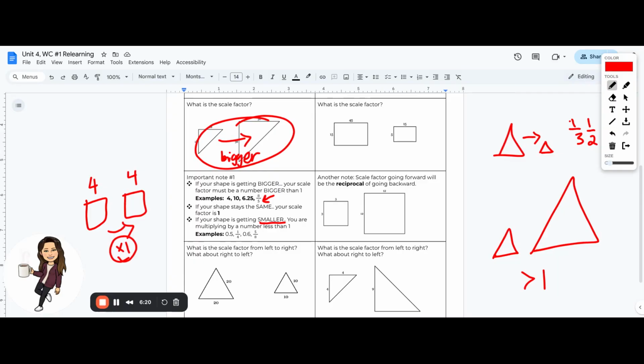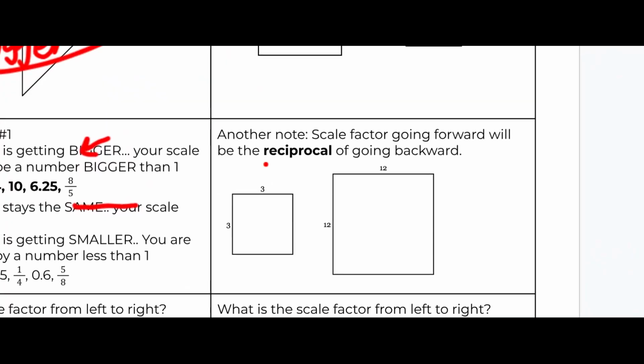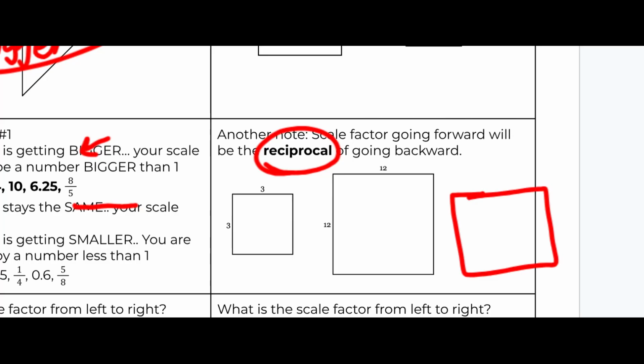So another helpful thing that we talked about was this idea of reciprocal, especially when you're getting smaller, because you guys tend to see this. So you know that if I'm going from 12 to 3, almost all of you are going to tell me that that scale factor is 4 because you can recognize the relationship from 3 to 12.